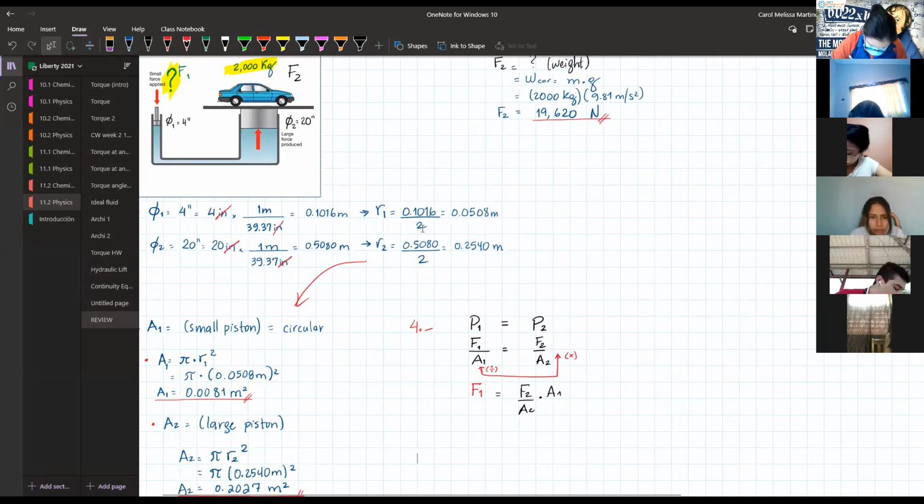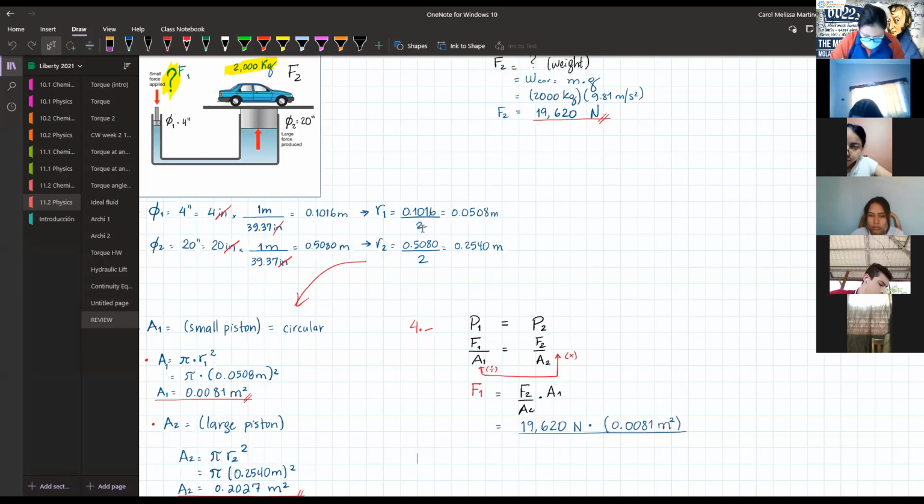Now we just plug in the givens. Force 2 is the car's weight, that is 19,620 Newtons, times the area 1, that is 0.0081 square meters.